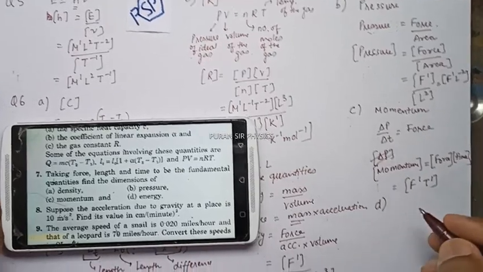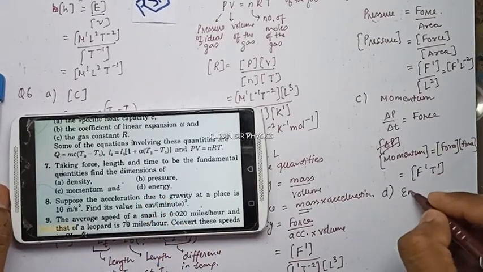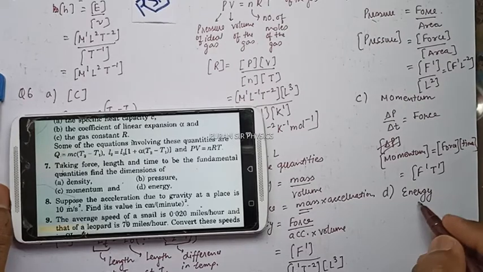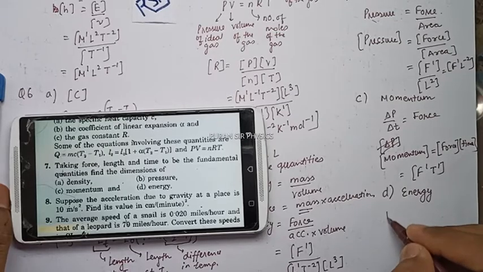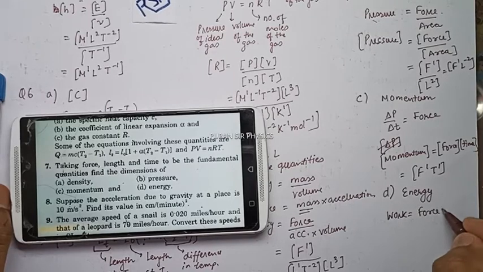And in the D part we have to find the dimension of energy. The dimension of energy is the same as the dimension of work done. So we can write work as force into displacement.